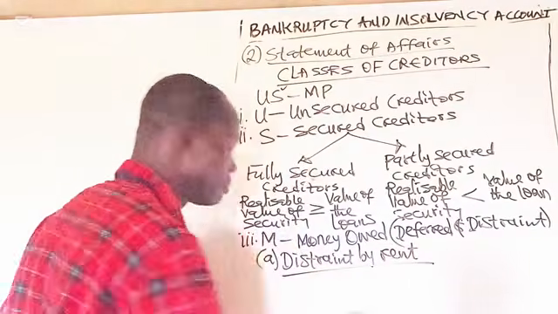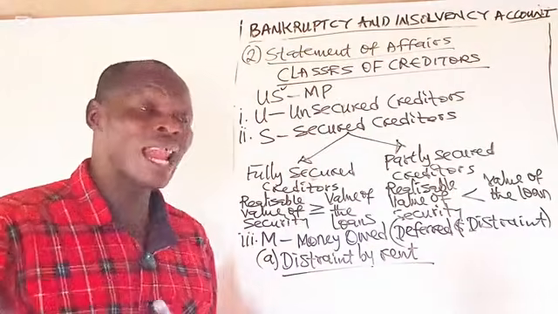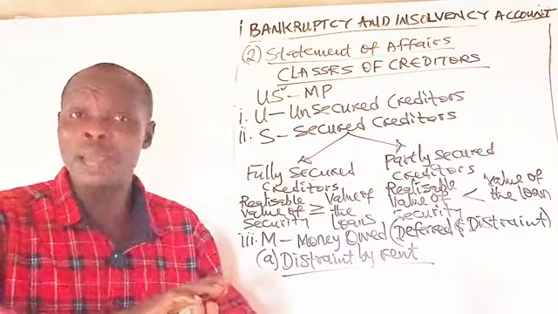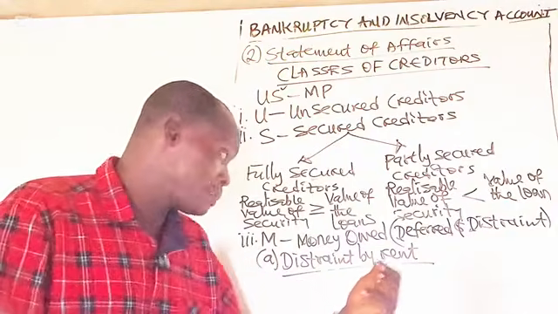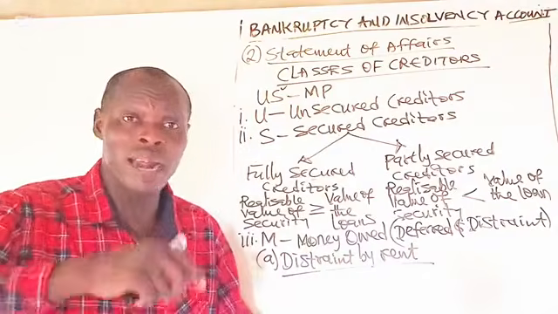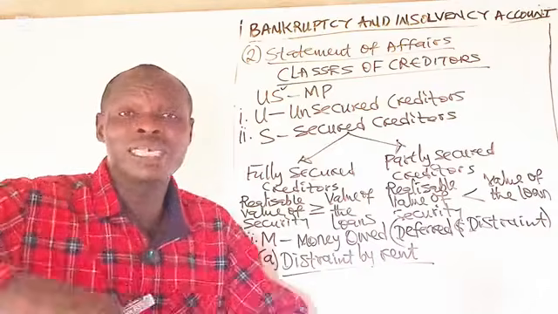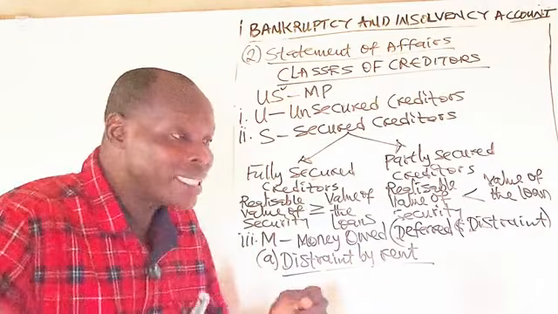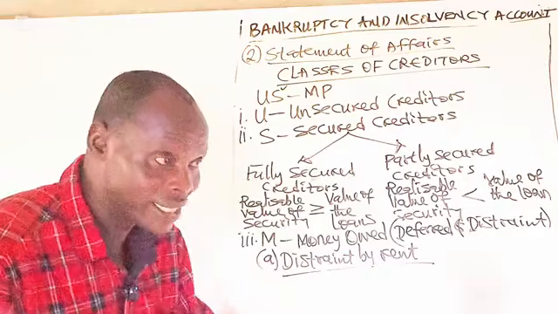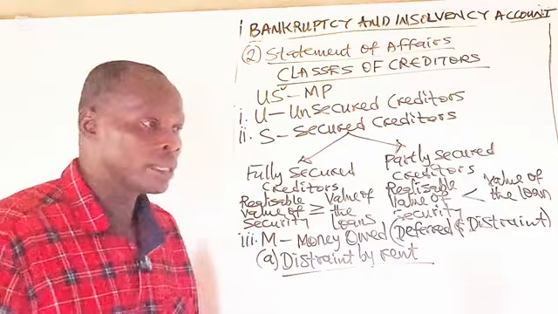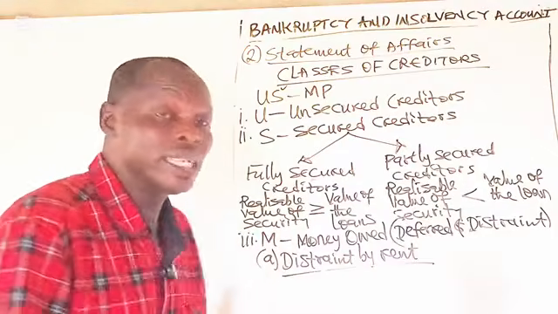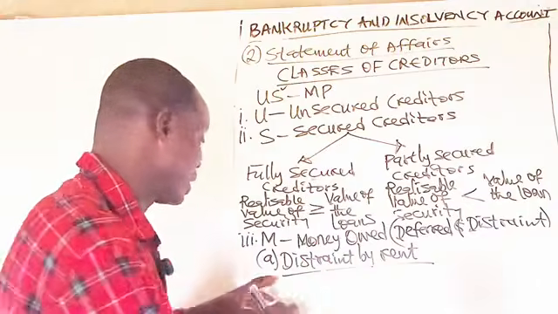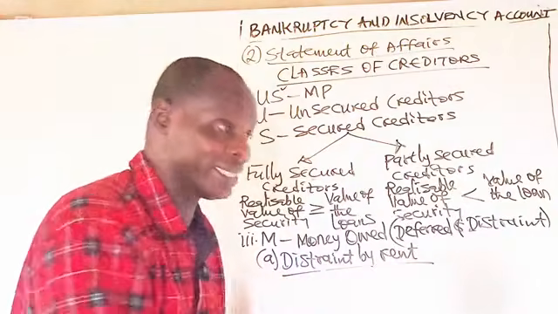Creditors distrained by rent. That is landlords who have seized assets for unpaid rent. We are referring to the landlord that has seized the asset of the person for rent. They have special right to receive their claims from the proceeds of the asset. That is creditor distrained by rent.